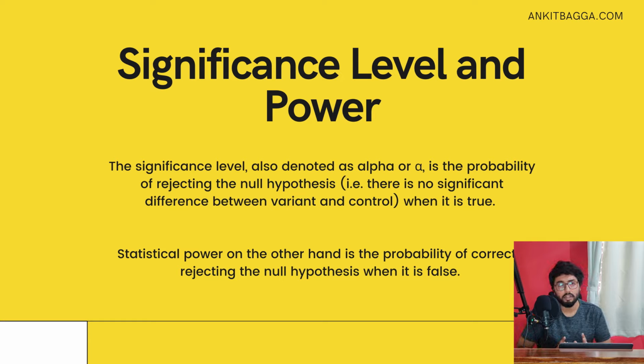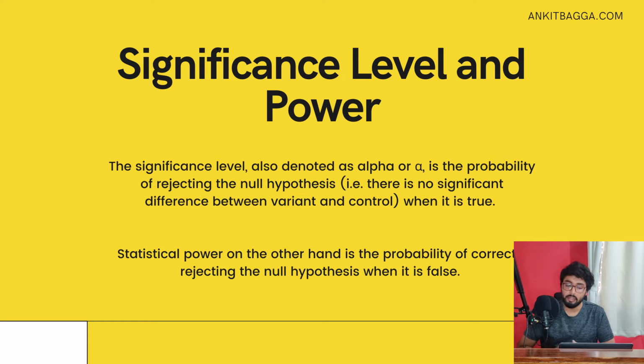Think of statistical power as the power of your test. Or the other popular analogy that people use is, think of it like a fishing net, and think of statistical power as the holes in your fishing net. As you have bigger holes, you will not catch smaller fishes. And as you have smaller holes, which is more statistical power, you should be able to catch the smallest fish as well.